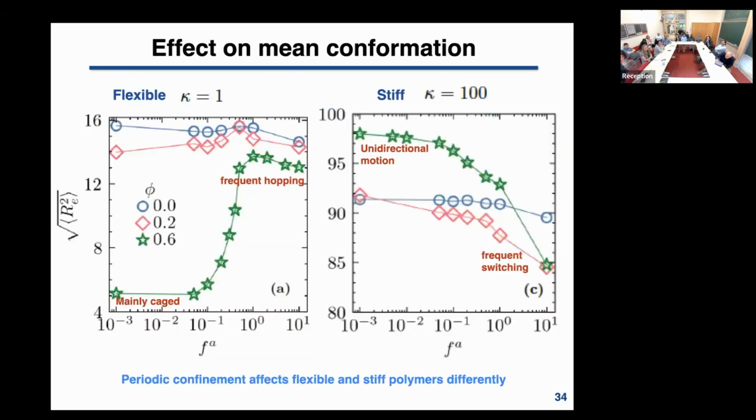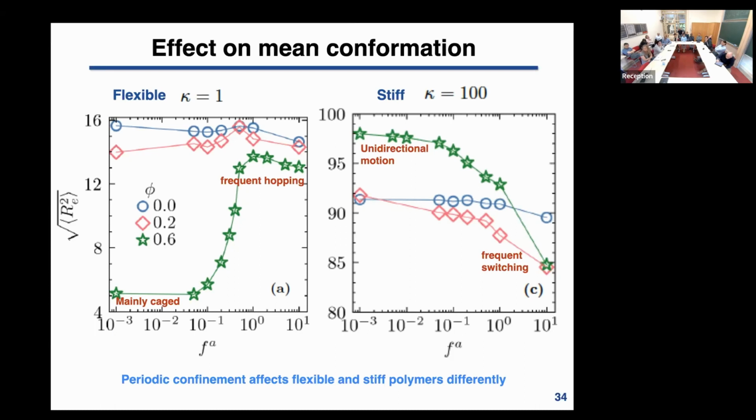And if you look at the effect of it as a function of activity, I have shown here all the packing fractions we had: free space, 20%, 60%. The dependence on active force for the free and low packing fraction of obstacle is not so dramatic, not so significant. But what is interesting, if you have a strong confinement, you have caging, so you have a much smaller polymer size and distance.